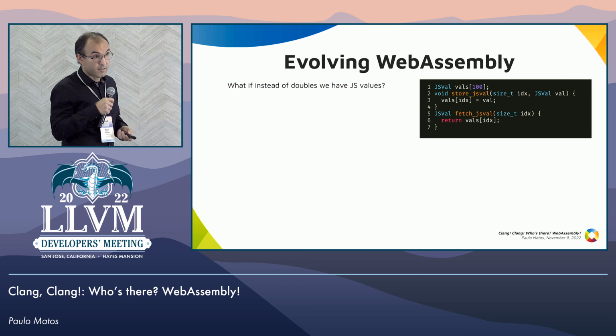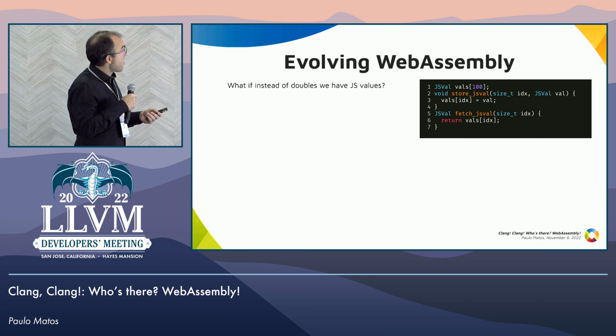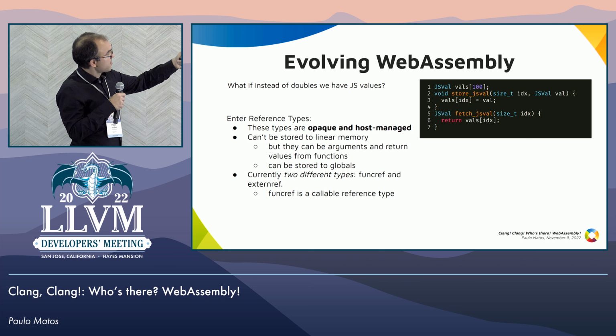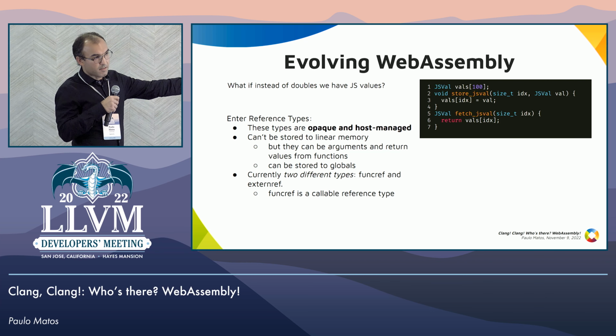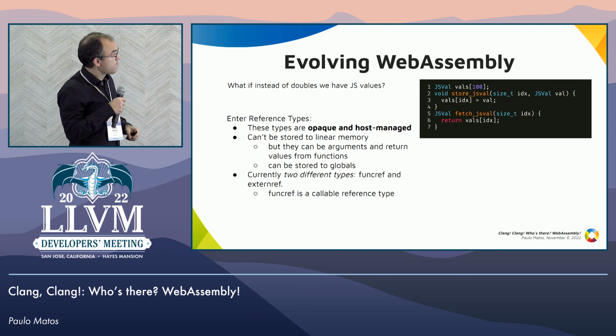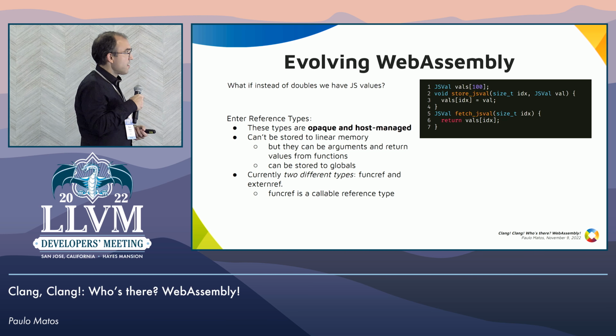So one of those that we're interested in is reference types. This means, what if the double that we had there, that array of doubles, is a JavaScript value, a value that is sent from the host system and that we have to deal with. So reference types are interesting.